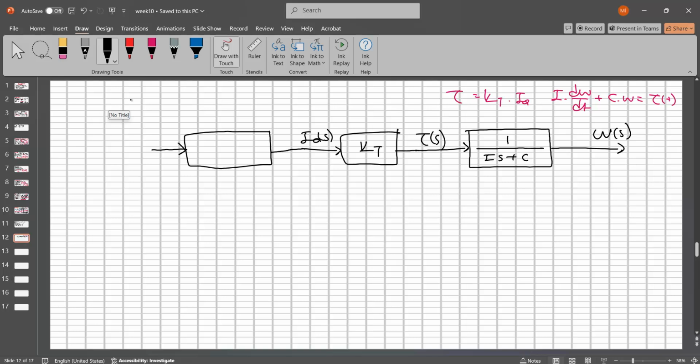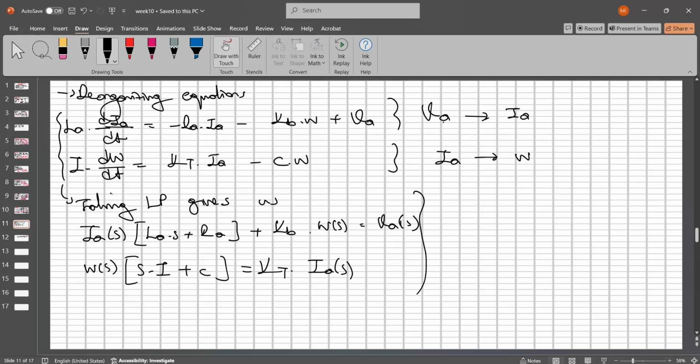VAS, but just remember that VAS, IAS, but we also have a back EMF in here, right?